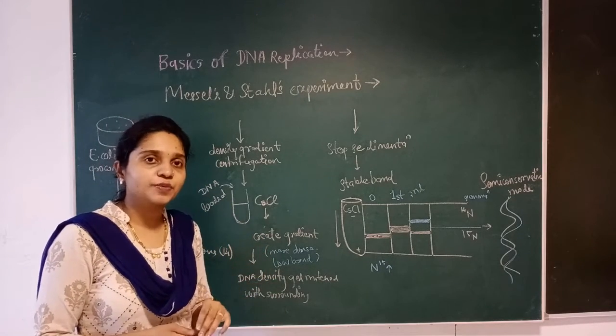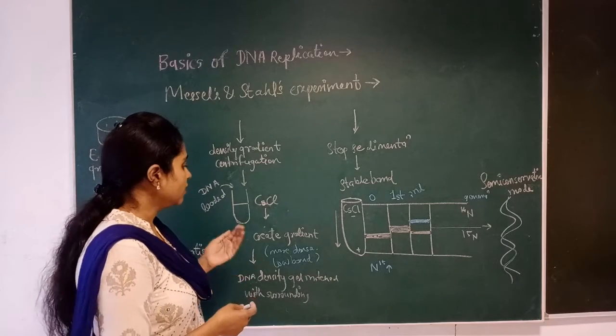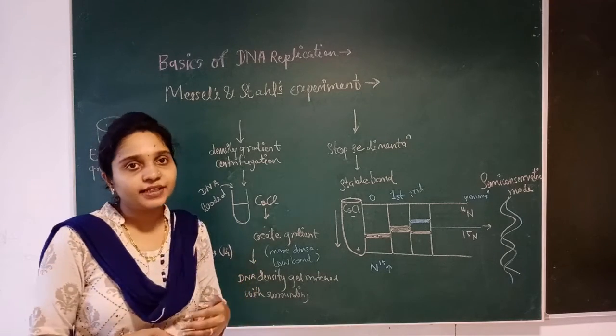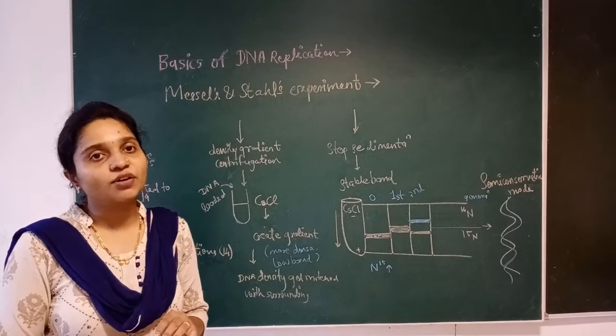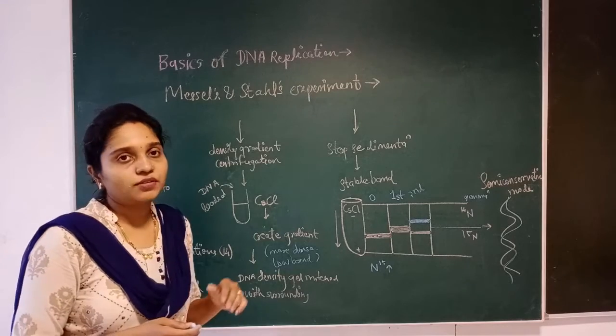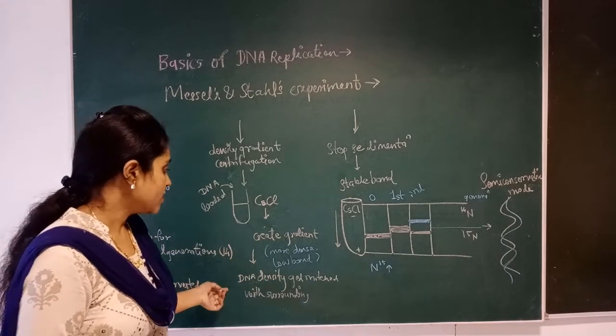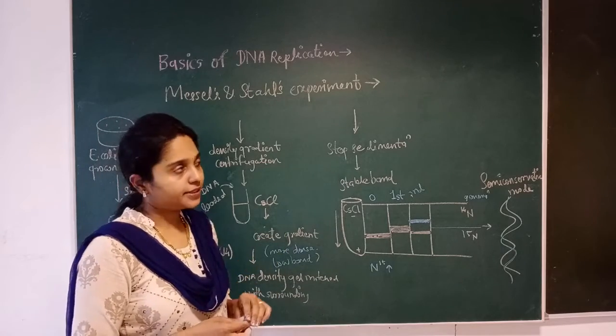Then the DNA gets matched with the surrounding concentration or gradient, and then we can determine the density of any required molecule. In this case, we want to see the density of DNA, so the density can be determined.